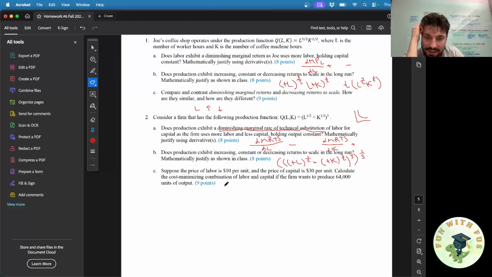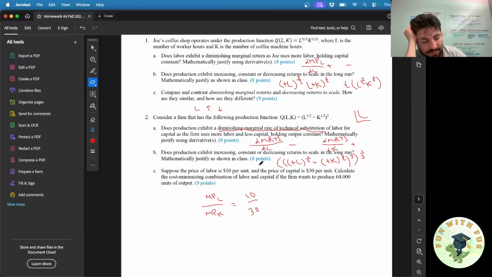And the last thing that we're looking at is calculate. So I think it's pretty similar. We're just looking at our MPL over our MPK, and then we're going to equal that to our wage over the rate, which in this case would be 10 and 30.